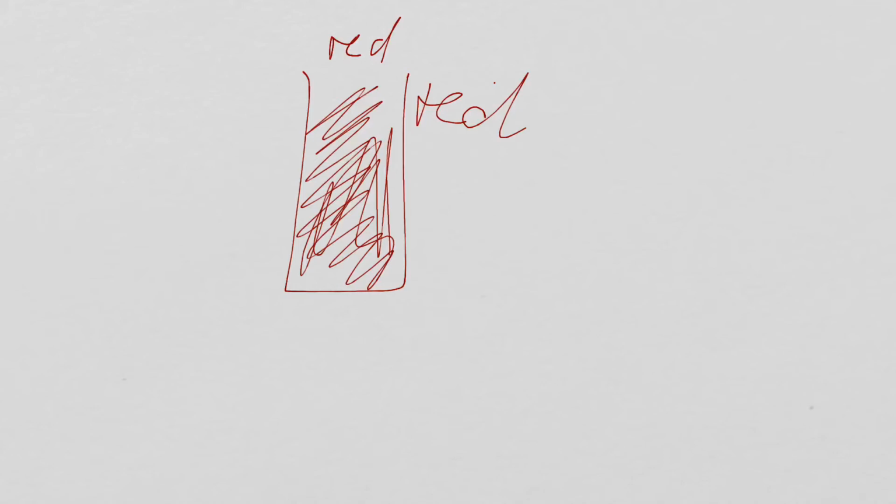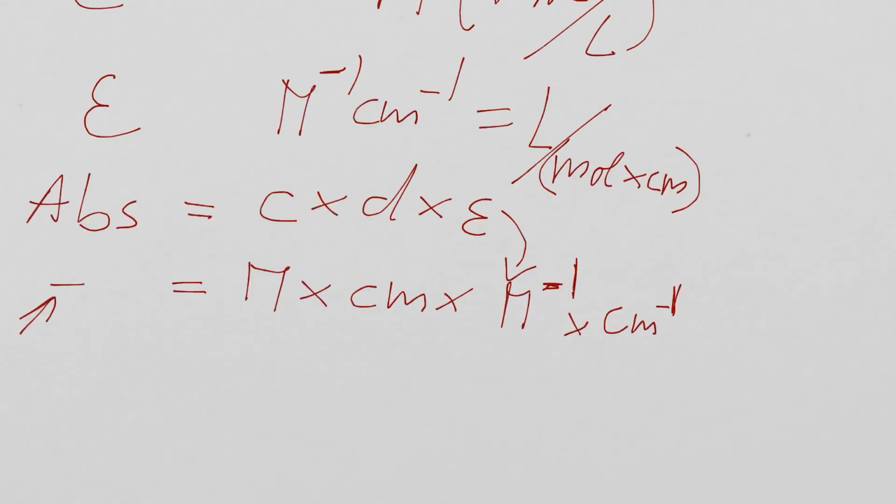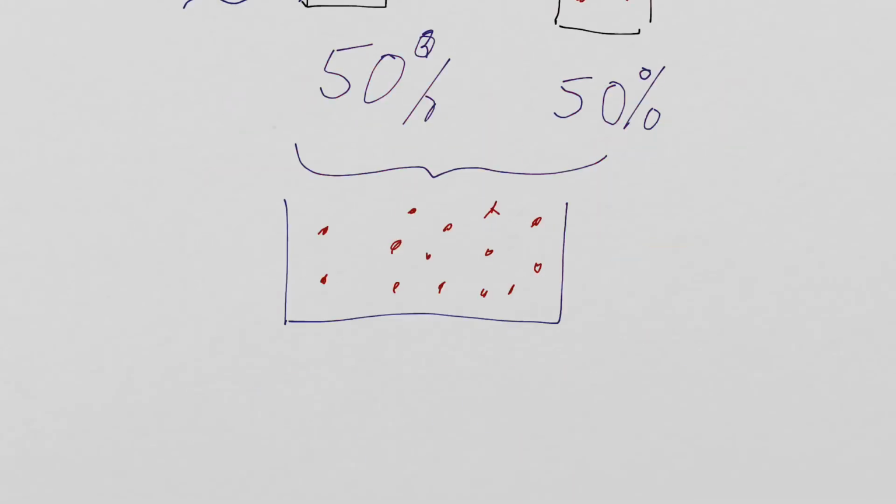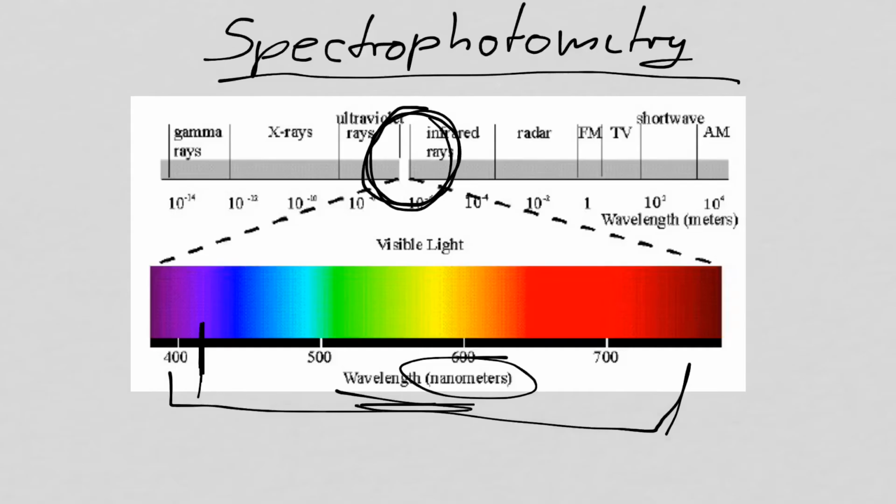Can you figure out what is the wavelength of the light in the chloroplasts that is absorbed? What is the light that is absorbed by the chloroplasts?